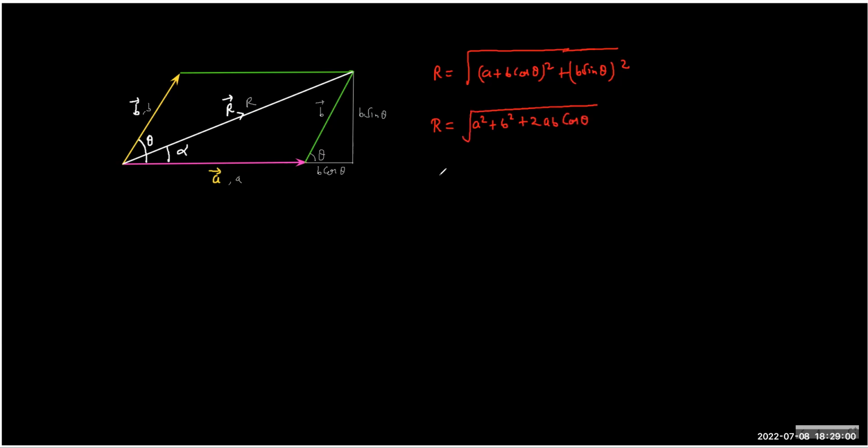And we can also write tan alpha, the angle made by the resultant with the A vector, and tan alpha turns out to be B sin theta upon A plus B cos theta. So this we have done, but we are repeating it for the sake of writing.